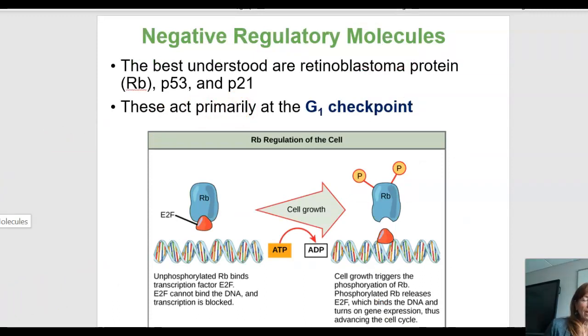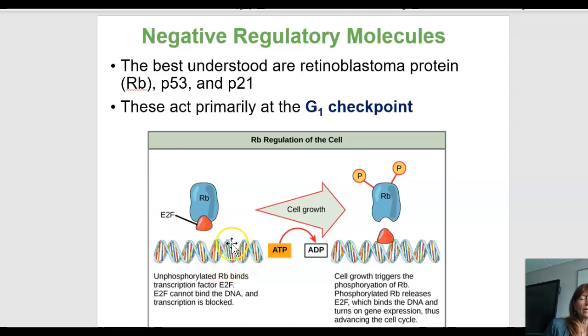Now, there are also some negative regulatory mechanisms, and the best ones are these here: RB, which stands for retinoblastoma protein, P53, and P21. They act mostly here at this G1 checkpoint, and basically when they are not phosphorylated, they're going to inhibit the cell from moving on into the S phase.